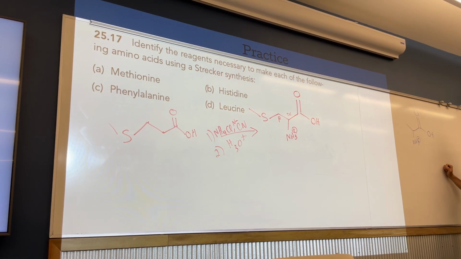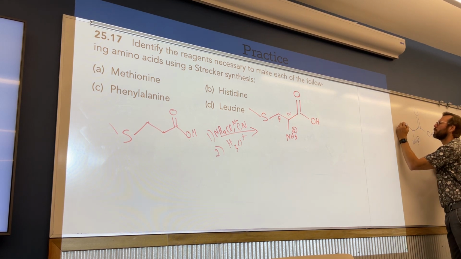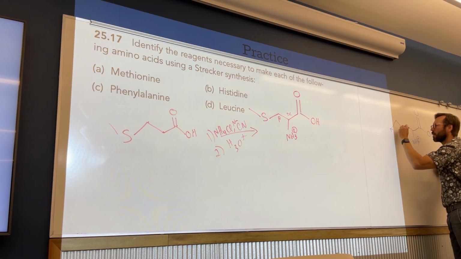Coming off our alpha carbon, what do we have for histidine? From the alpha carbon, there's 1 carbon in the middle, and then it's a five-membered ring, but it has a carbon at 2 and 4, or a nitrogen.